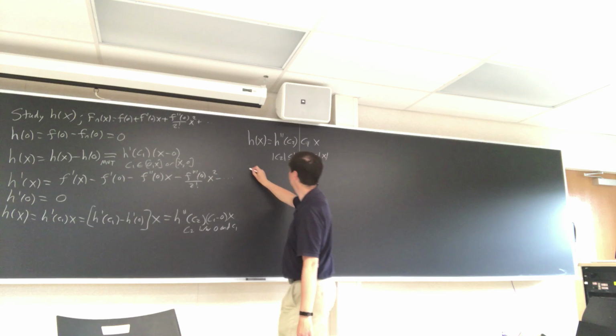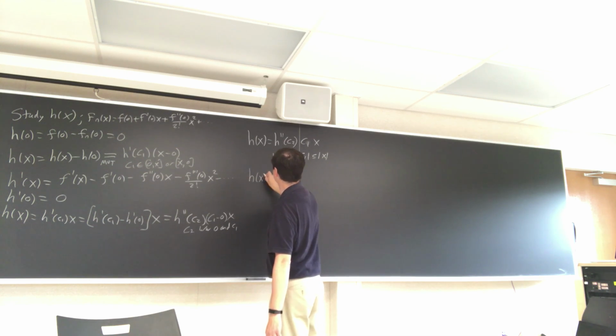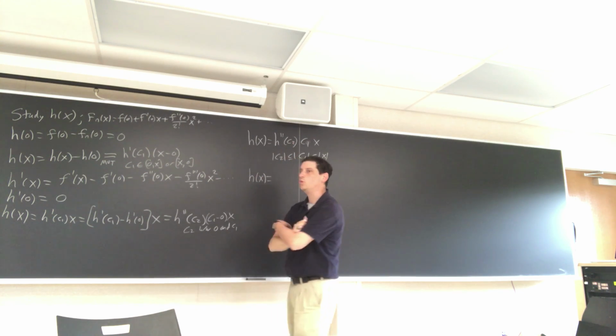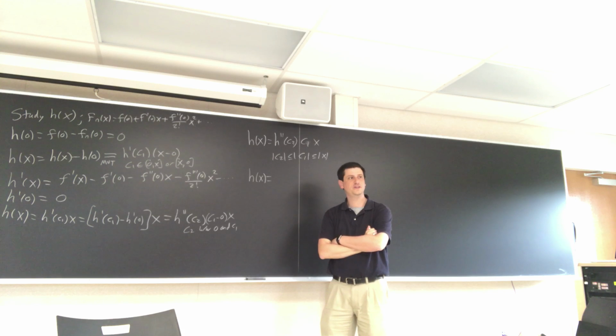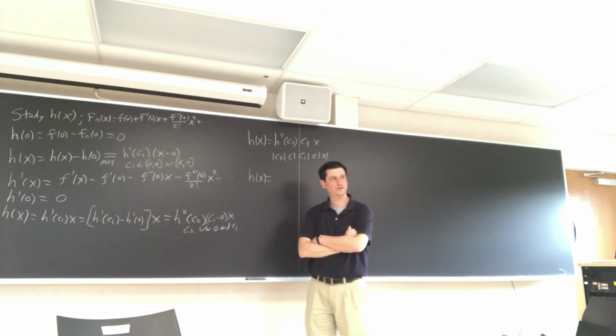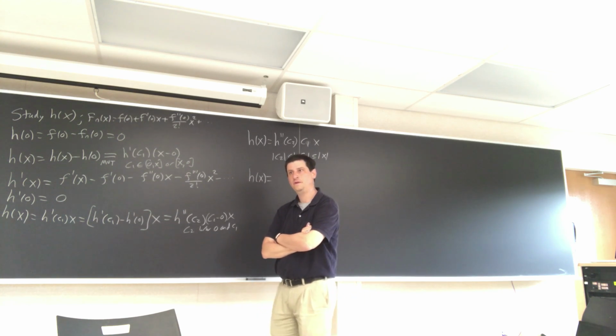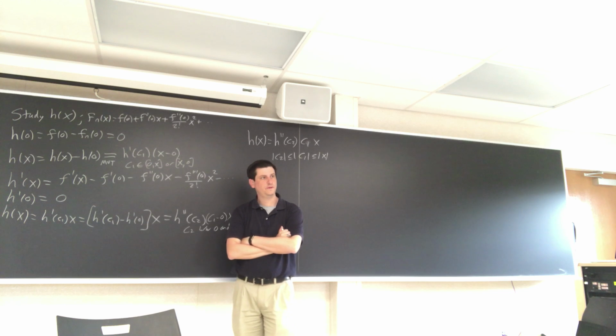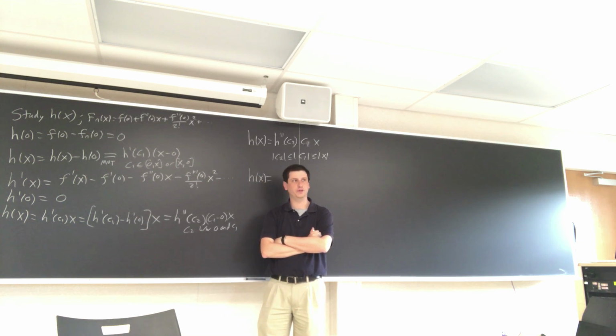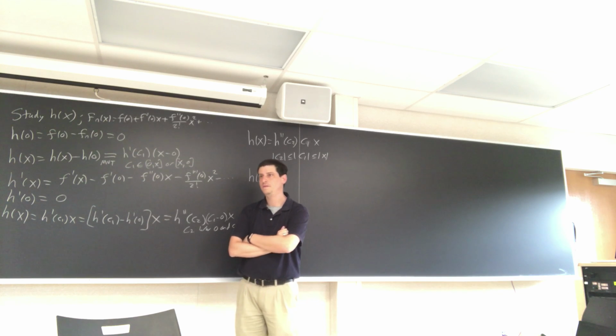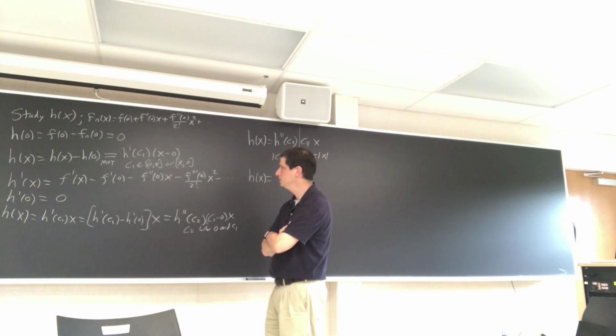Let's do it again. If we do the argument again, if we look at h triple prime of 0, what do you think h triple prime of 0 will be? So what should h triple prime of 0 be? h triple prime of c.